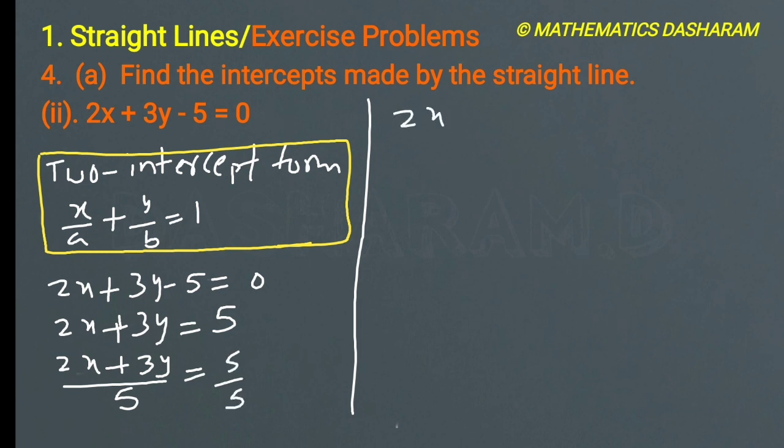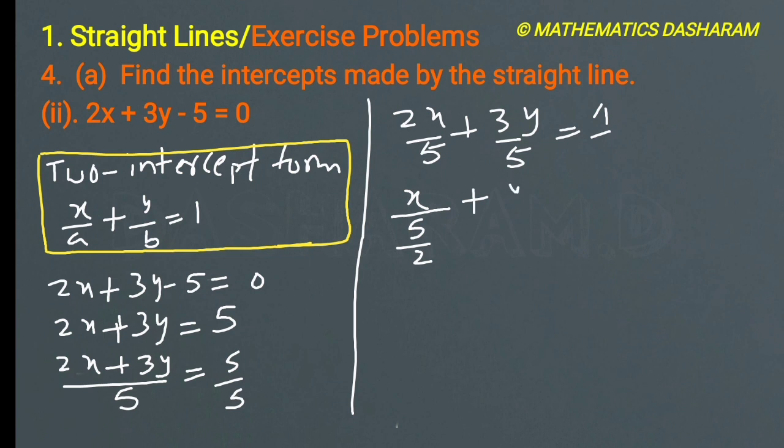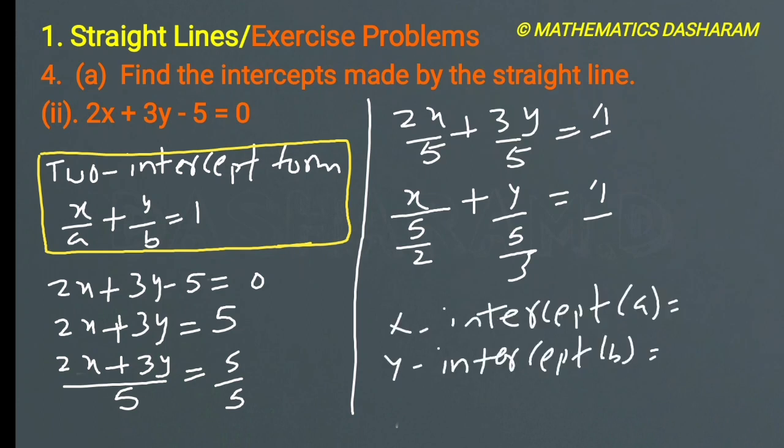Next we split into two fractions: 2x by 5 plus 3y by 5, and 5 by 5 is 1. So now x divided by 5 by 2 plus y divided by 5 by 3 equals 1. Therefore the x-intercept is 5 by 2, the y-intercept is 5 by 3.